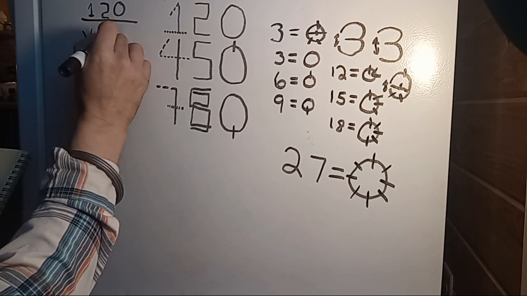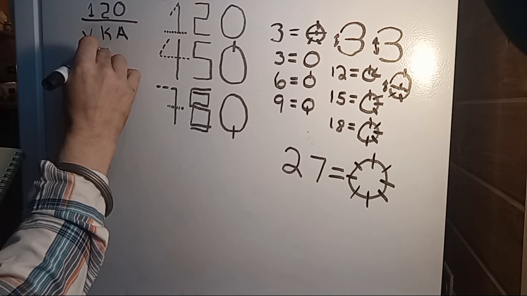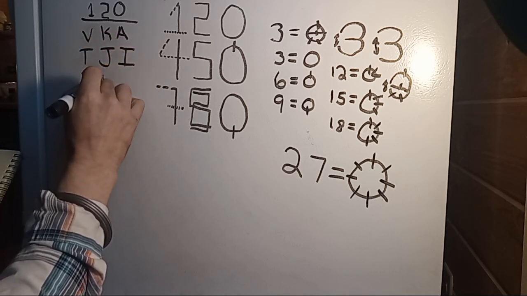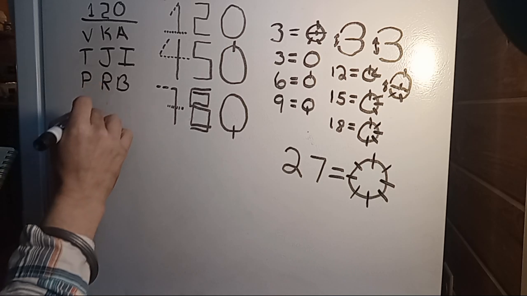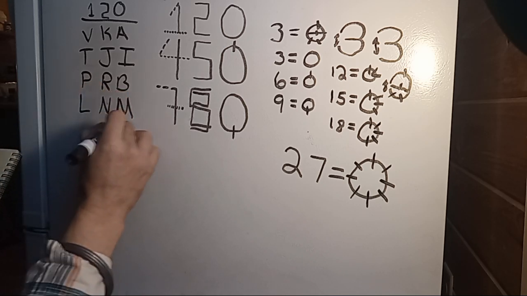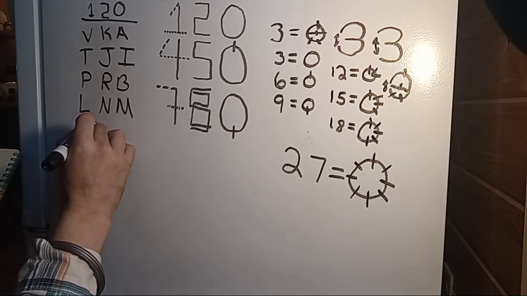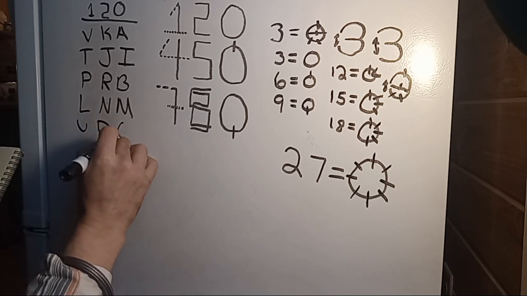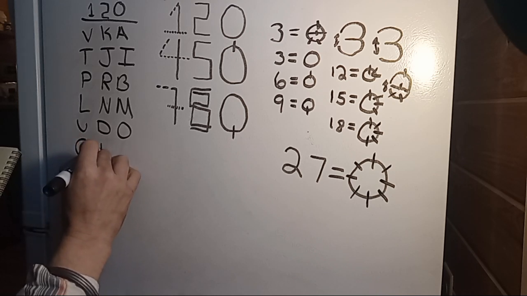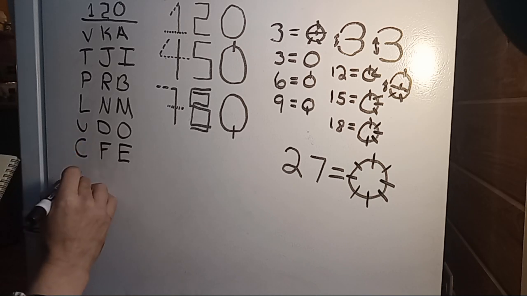V, K, A, which I've already gone through. T, J, I, which I've not gone through, P, R, B, L, N, M, U, D, O, C, F, E. These are just, there's a lot of different ones.